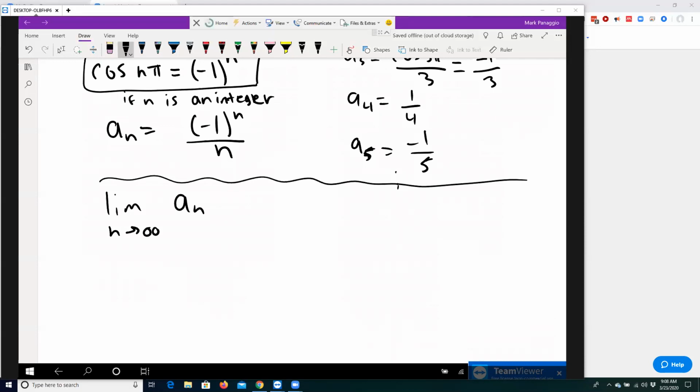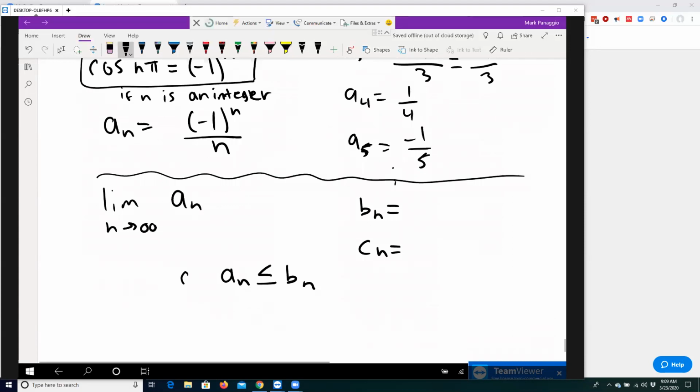Okay, so let's think about two other sequences, bn and cn. And what we'd like is to squeeze an between two other sequences. All right, so I'm going to try to find a sequence bn that is bigger than an for every single term. And I'm going to find a sequence cn that is less than an for every single term.